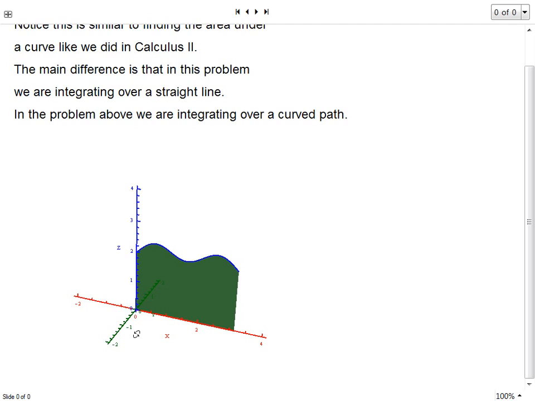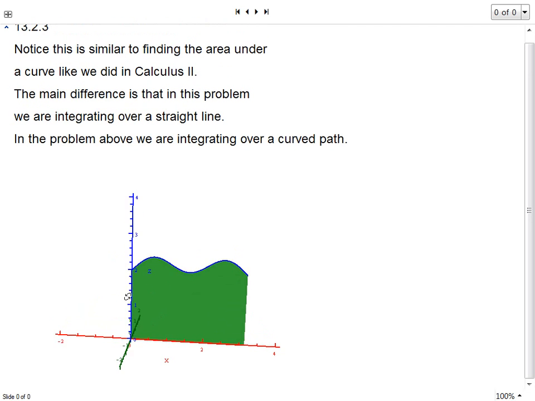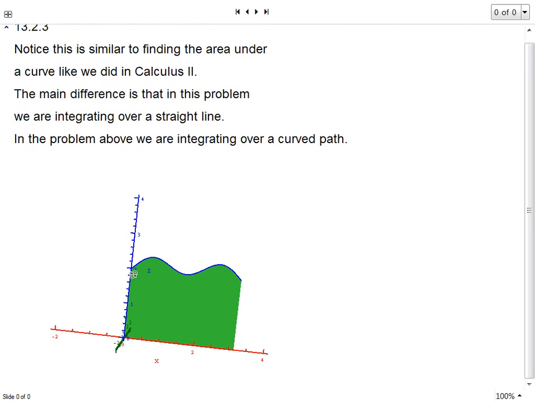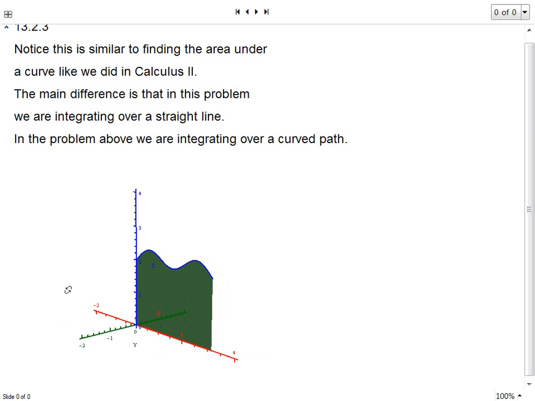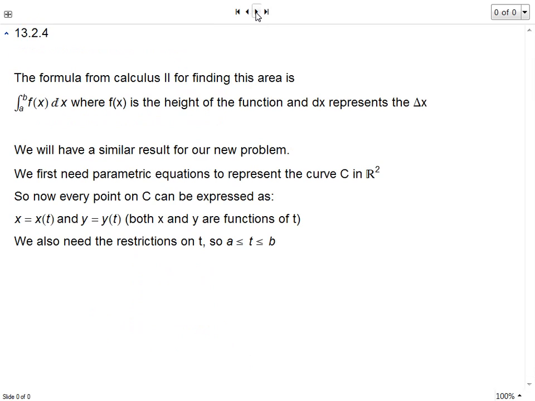And then the curve we were restricting it to was a straight line segment. Thus, line integrals, we were restricting to a line. And if you take this picture and you turn it sideways, you get back to Cal 2, don't you? But now we can look at it more in three-dimensional space. The main difference, we were integrating over a straight line in Cal 2. Here we're integrating over a curved path.